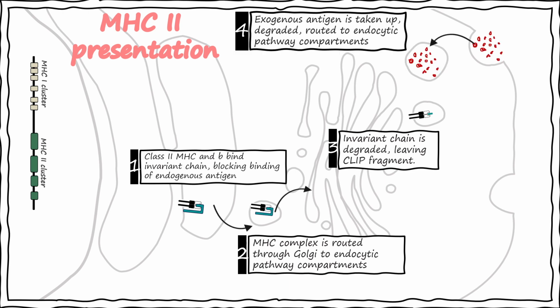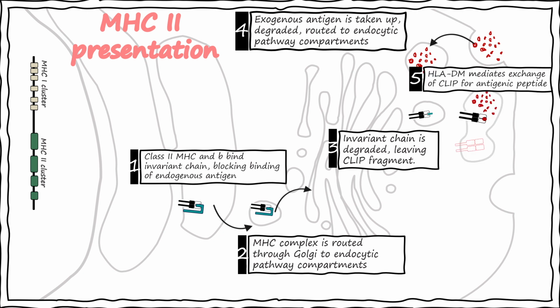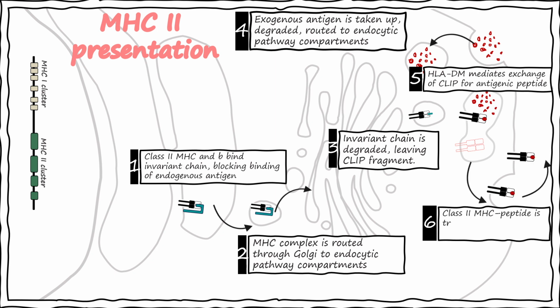Meanwhile there are exogenous antigens which are endocytosed, and these endosomes fuse with the vesicle containing class 2 MHC molecule. There are molecules known as HLA-DM, marked here in pink, that help to remove the CLIP peptide and load the peptide binding groove of MHC2 with the exogenous antigen.